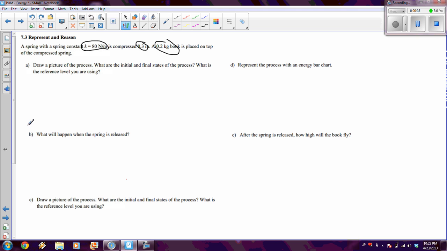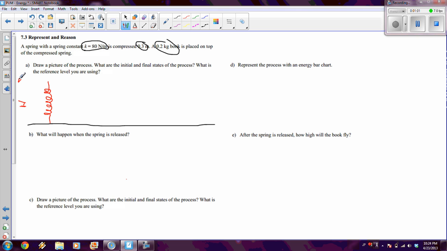So let's start off. Here's our level of reference that we're going to use. We have our initial process. So here's our initial here. We have a spring that is not compressed, and we're going to assume that this spring has no mass.